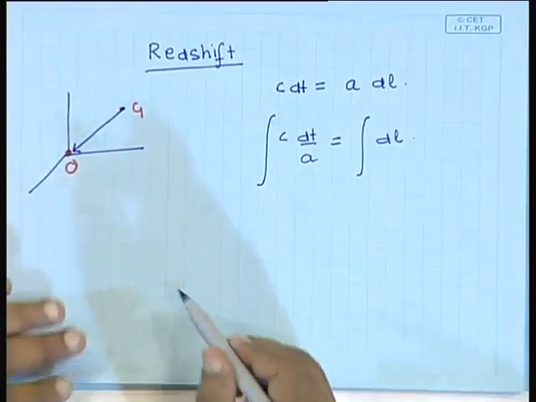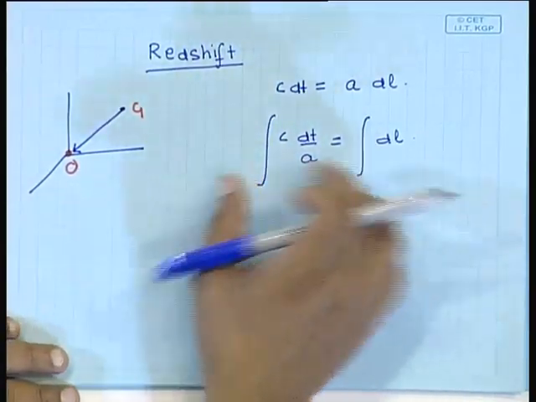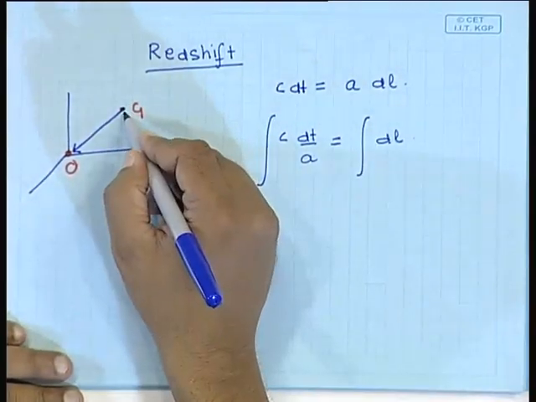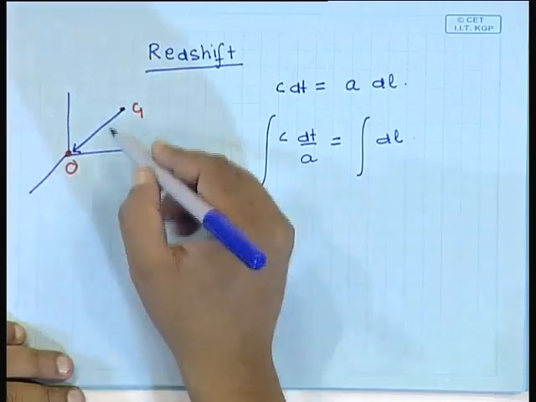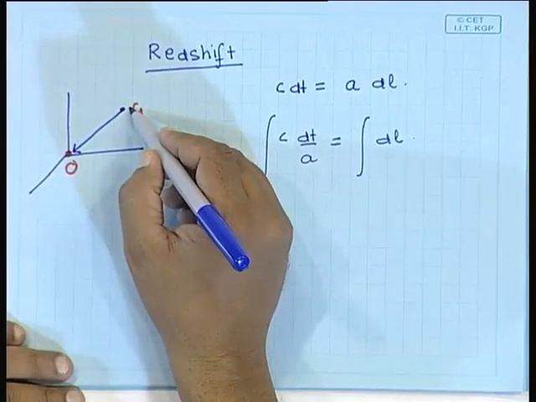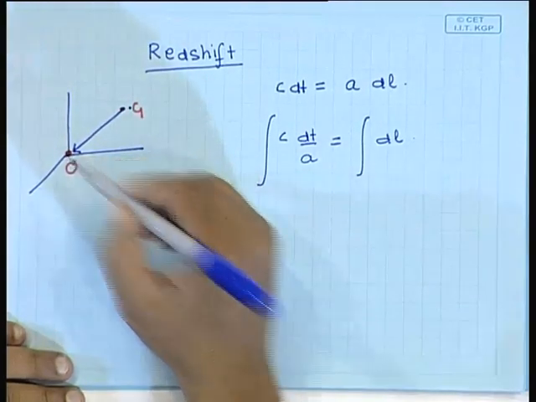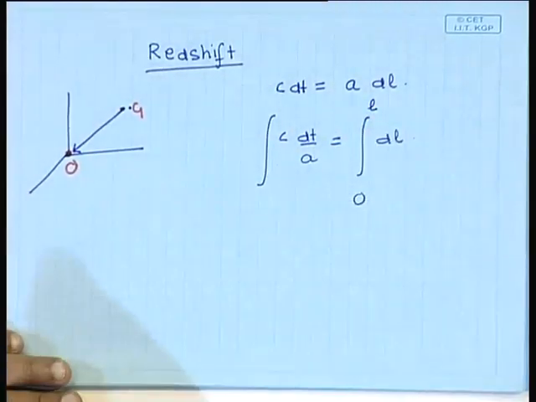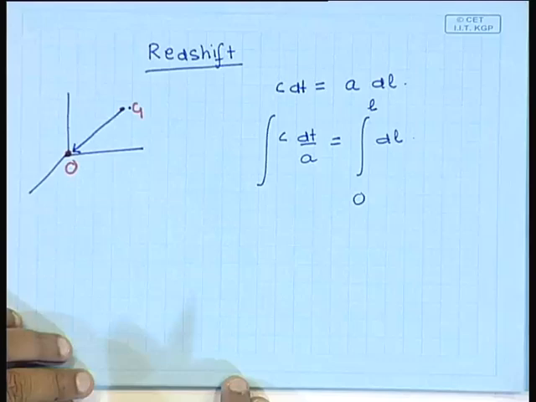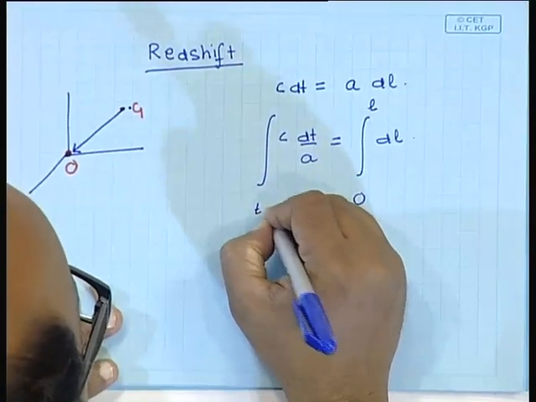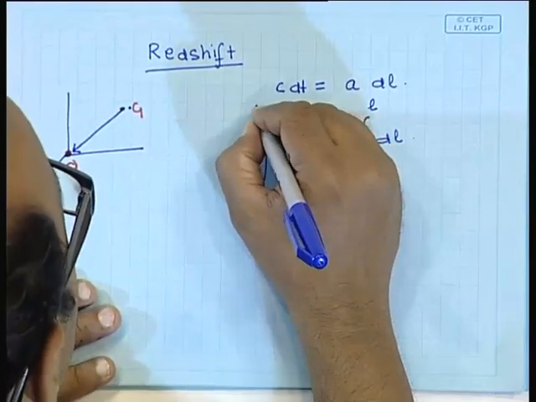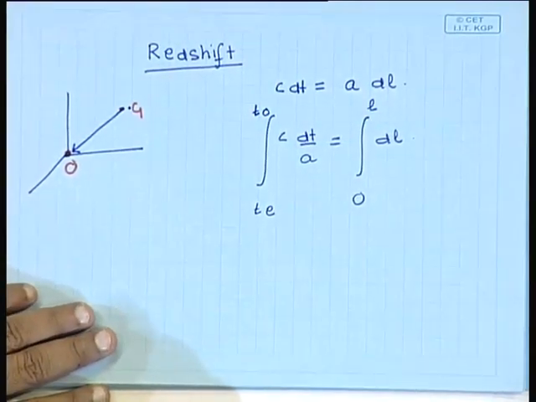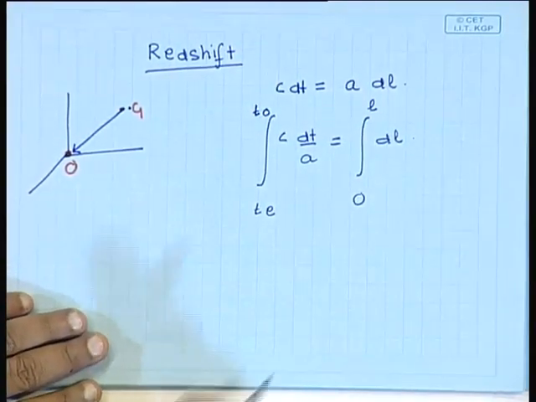And if I want to calculate the total time, if I integrate this dl from the position of the galaxy to here, from 0 to L, this should be equal to T emitted and T observed, right, because light is travelling along this.